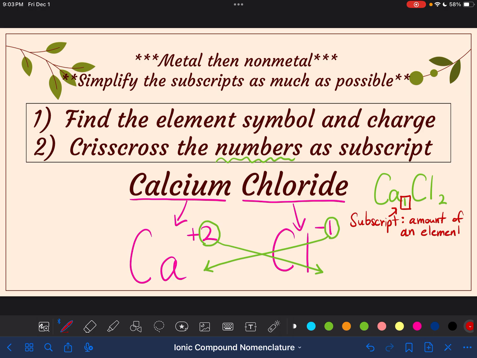For example, if we have a 1 behind calcium, that means there's only 1 calcium here. Then how about the 2 here? That means chlorine has 2 in this compound. So make sure you understand that these numbers now become subscripts, not charges, but subscripts.